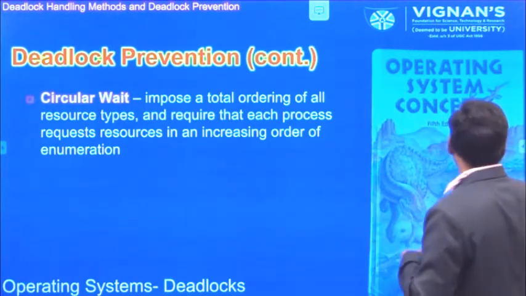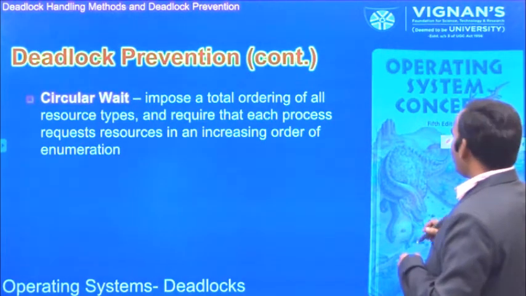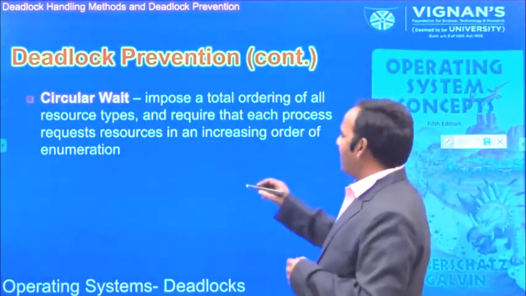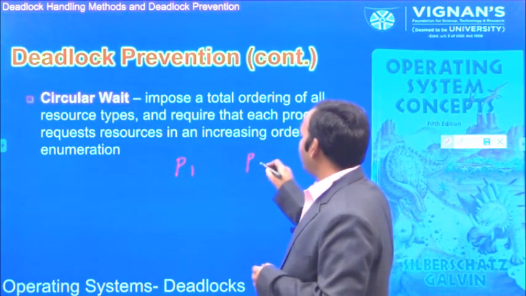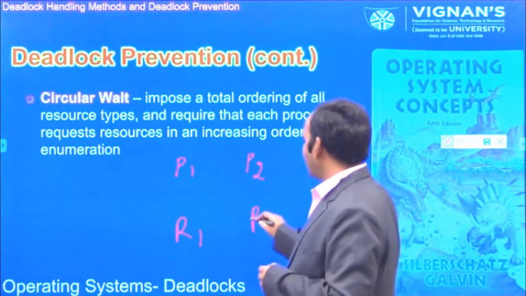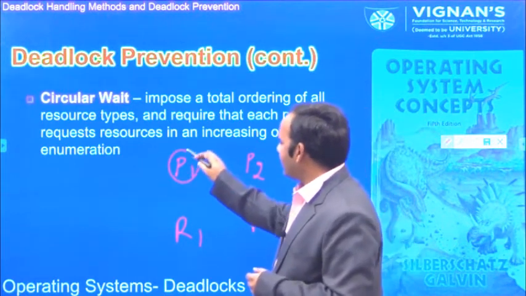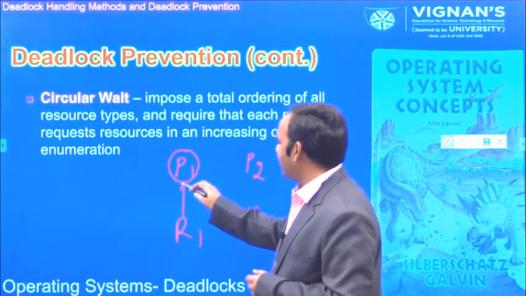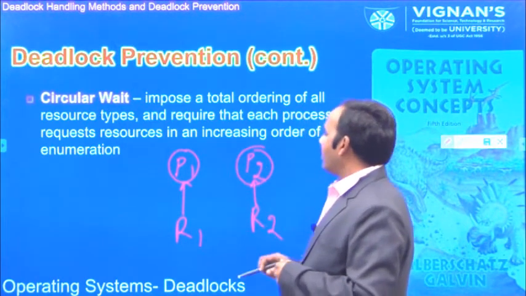Let me give one example. I hope you can understand. Here, the same example I am going to take. Suppose there are two processes, P1, P2, and two resources, R1, R2. Here, R1 is already allocated to P1, R2 is already allocated to P2.